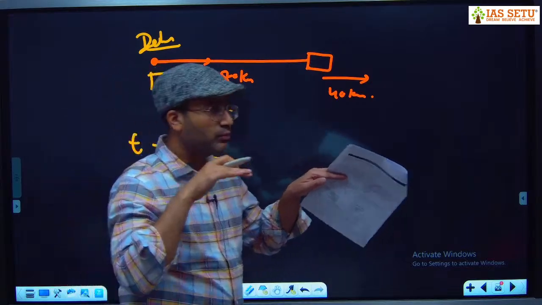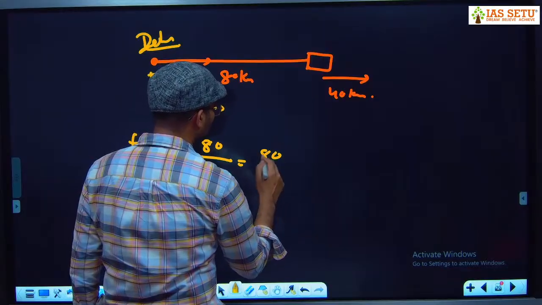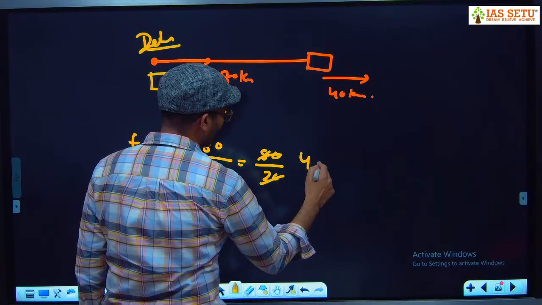When there are two objects moving in the same direction, relative speed we subtract. So here 80 upon 20, it will take 4 hours.